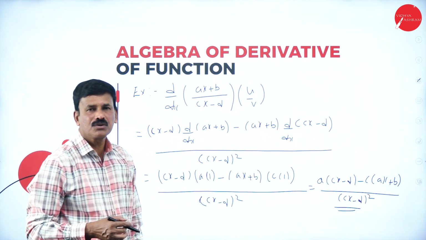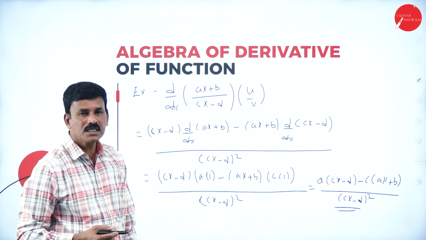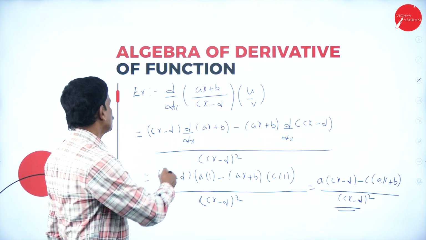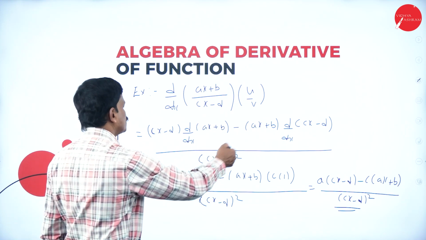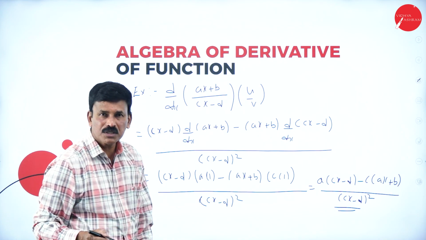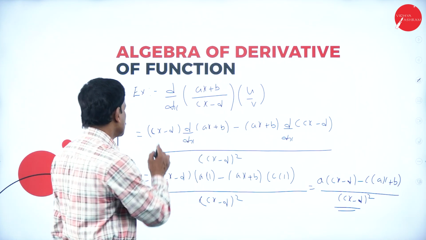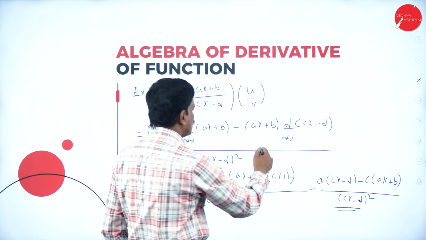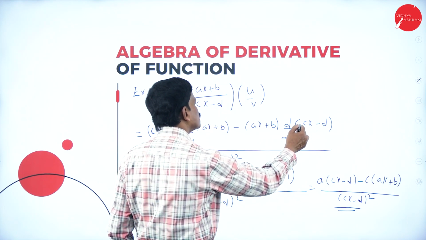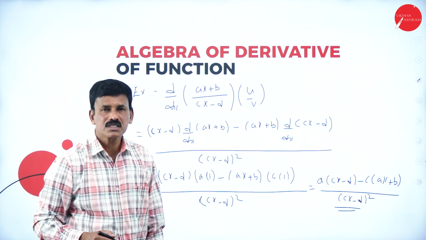This is how we differentiate using the quotient rule: d by dx of u by v is the denominator into the differentiation of the numerator minus the numerator into the differentiation of the denominator, divided by the denominator squared. Wherever d by dx is there, just differentiate. Differentiation of ax plus b is a, ax plus b stays as it is, differentiation of cx is c, divided by the denominator squared. That's it. Very simple, right?